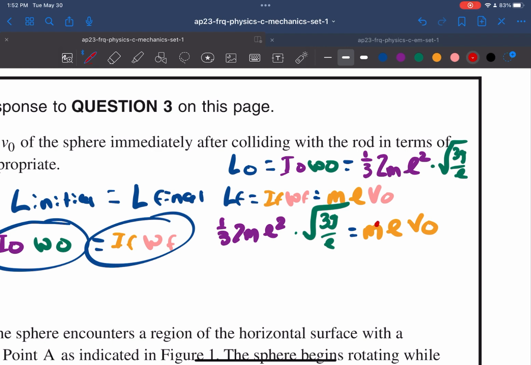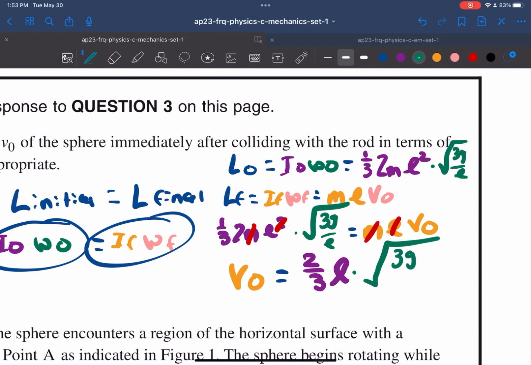Now, if we do some canceling here, we're able to cancel the m's on both sides, and we're also able to cancel one L. So that leaves us with the final equation of v naught is equal to 2/3 L times the square root of 3g over L.